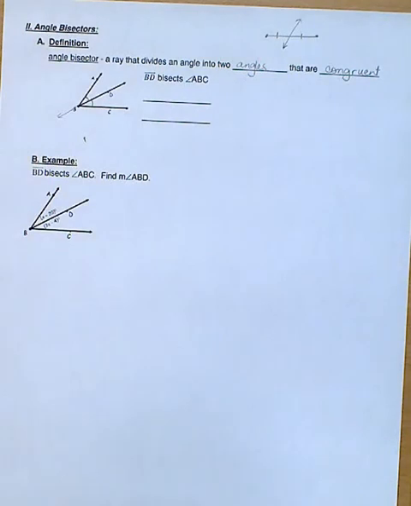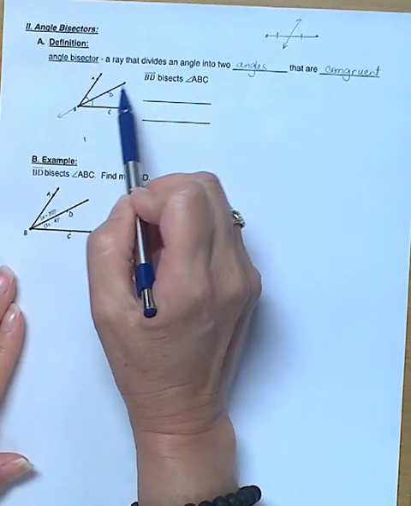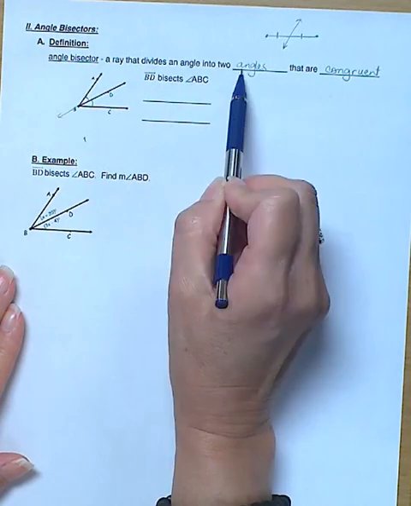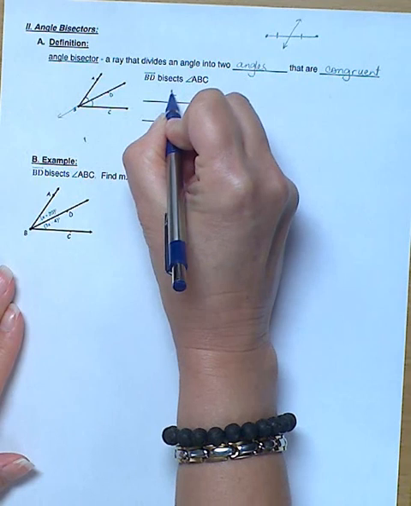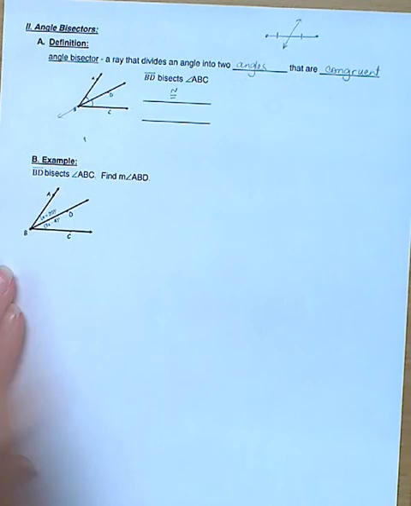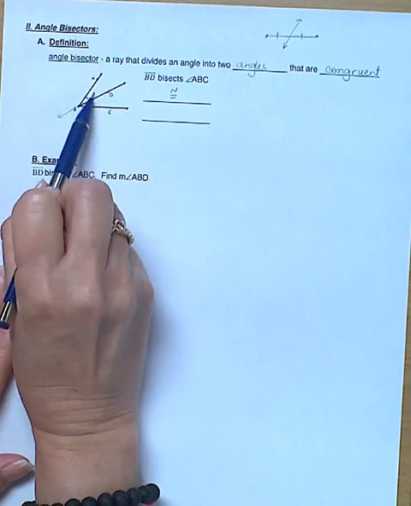Okay, again, geometry is about logic. So what comes next logically? Well, we know from the definition that an angle bisector, this ray right here, will cause two angles to be congruent. So we need to know what those two angles are that are going to be congruent. They're basically the upper portion and the lower portion. So the upper portion is angle ABD.